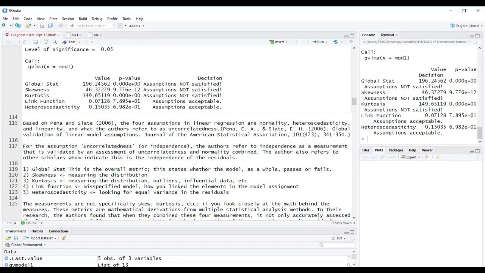Sabi ng authors na yung uncorrelatedness ng error terms, this is referred to as independence. Okay?